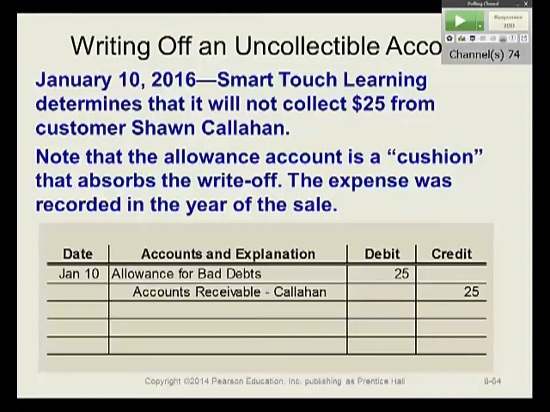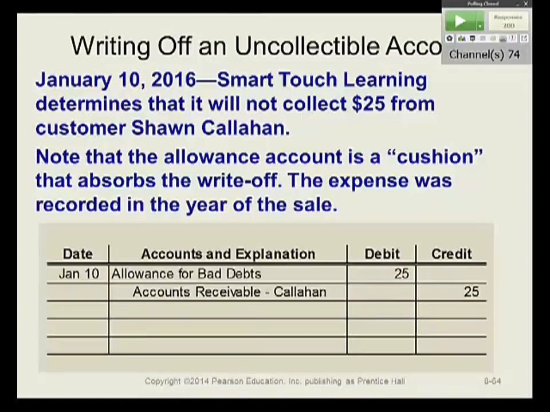So the journal entry debits the allowance and credits the receivable. Now you're also going to credit the receivable in the subsidiary ledger. So at this point, you could go into the subsidiary ledger and write off the account, because you know who the customer is. You've got the customer's name, and for sure, you know who the bad debt is.